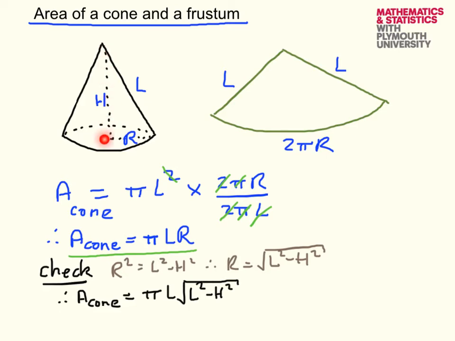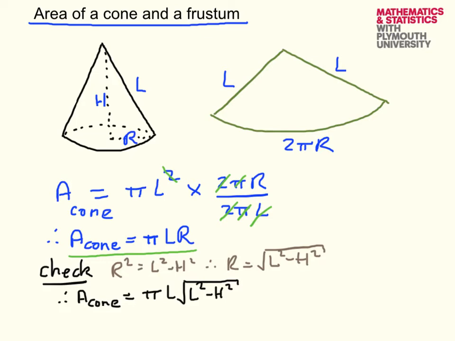And you can see from just looking at the diagram that L is greater than h, but supposing we make h smaller. In other words, we're bringing down the top of the cone towards this circle here. In the limit, as h tends to 0, our cone is going to be becoming flatter and flatter, and eventually, as h goes to 0, you are just going to have a circle.